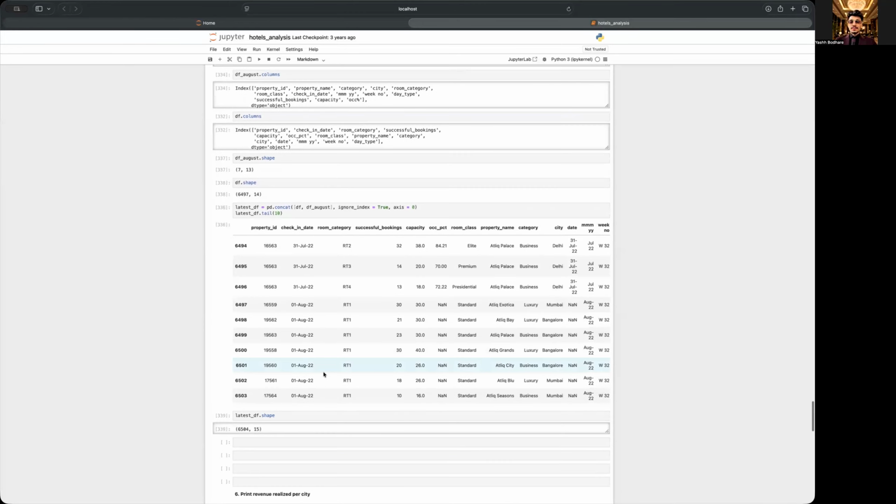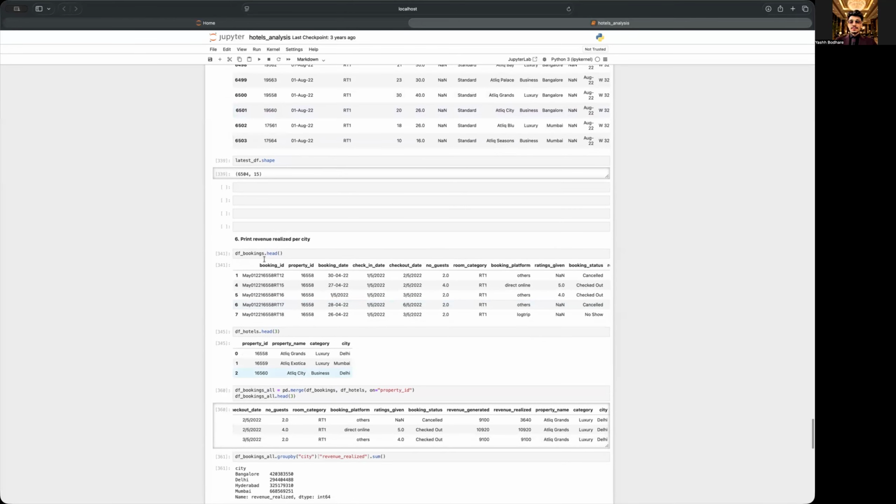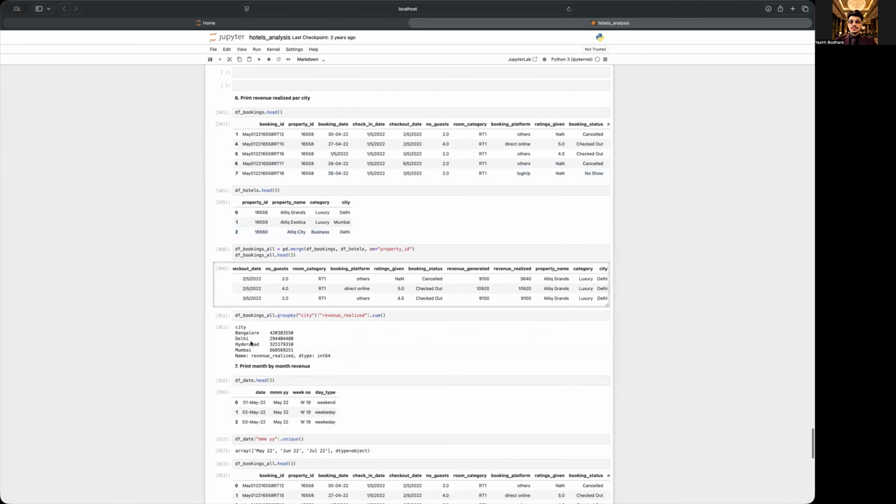But here, after finding the revenue realized per city, we know that Mumbai has the highest total realized revenue. So these two KPIs are telling us different things. Occupancy tells us how efficiently available room capacity is being utilized. Revenue tells us the financial output generated by those bookings. A city can therefore have higher occupancy without necessarily producing the highest total revenue.